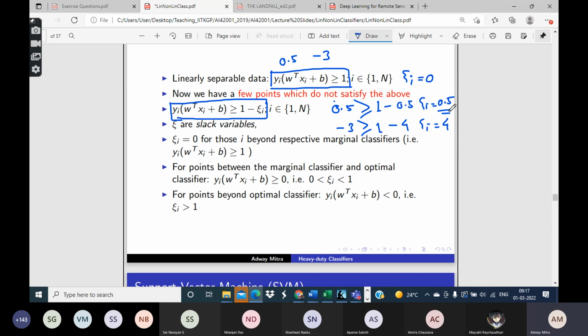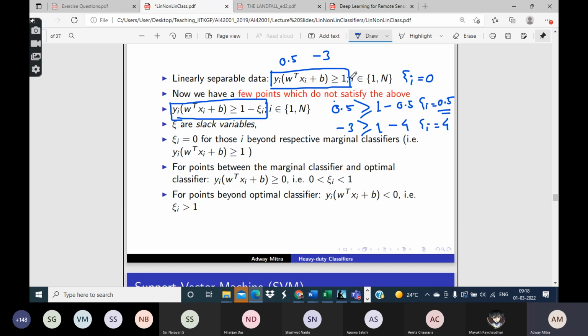So why do I want the minimum value of xi i? Ideally xi i should be equal to 0, in which case it would be perfectly solved. But if that is not happening, then I will bring in this xi i, as close to 0 as possible, just to make sure that this happens. And there is no possibility of xi i being negative.